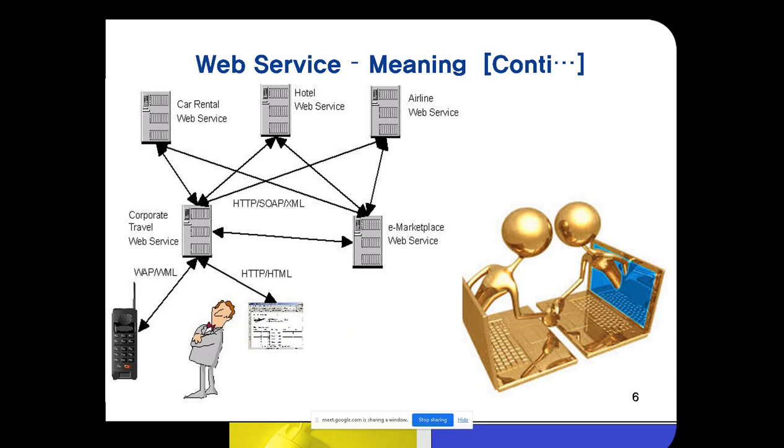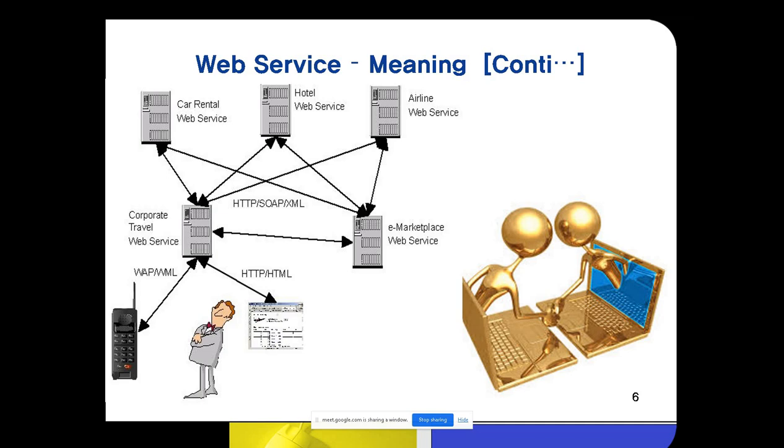See, web services can also be explained using this diagram. These two computers have their own possibilities. These are two important laptops or computers, and they want to interact with each other. This diagram shows an e-marketplace that wants to connect with the airline web services, hotel web services, car rental, and corporate travel web services.